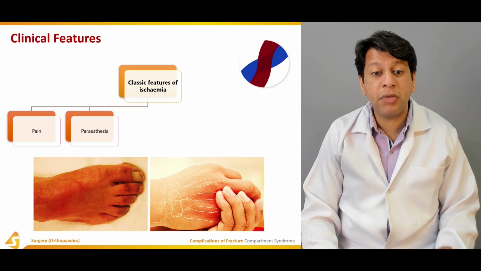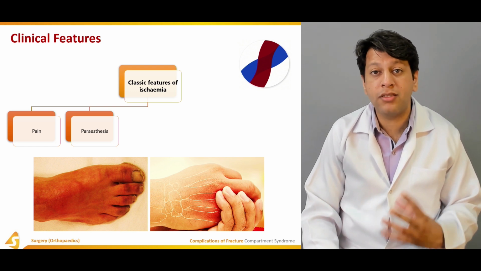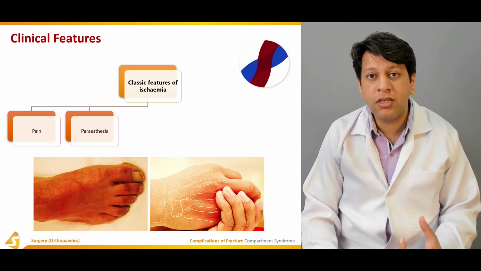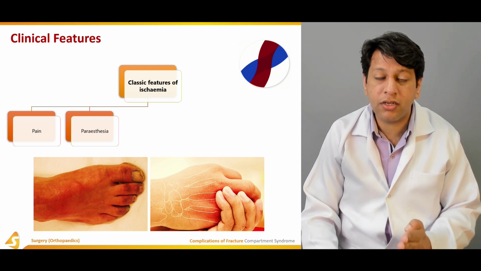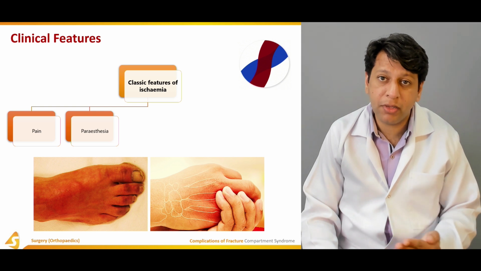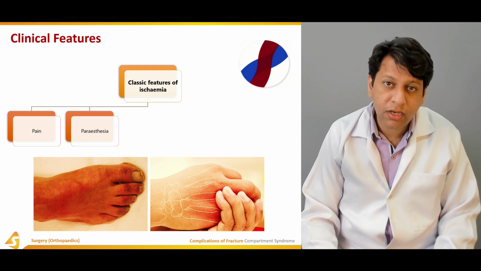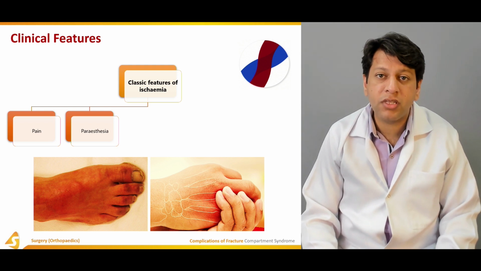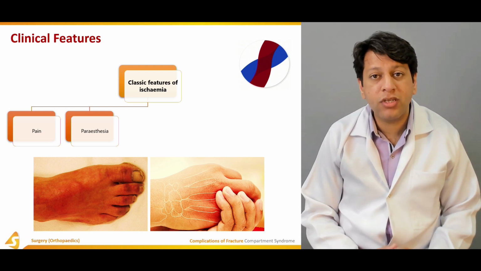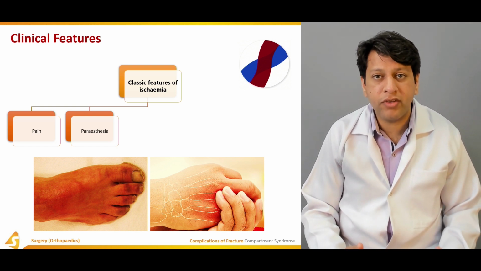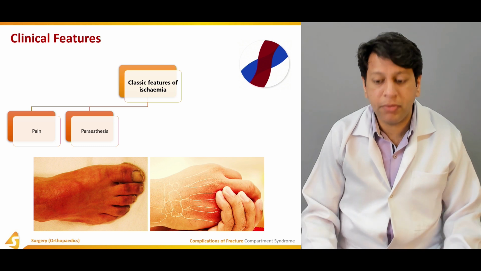Then there is also pain with passive movement. There's pain out of proportion and pain with passive movement. These are the two clinical signs which suggest that this is probably either a developing compartment syndrome or a compartment syndrome that has developed. Other features are also present with compartment syndrome, but they're usually late. Once they start to appear, it's probably already too late to intervene, and the damage has already been done.